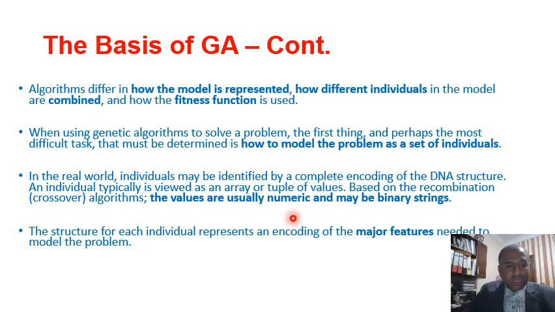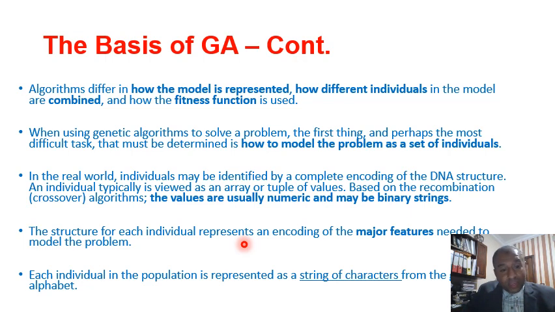We'll provide some examples. The structure of each individual represents encoding of traits or features of the problem solution. This means that each chromosome has some genes. These genes represent traits or features. So each solution has some features. This may be good or not good, not desirable, in terms of some fitness criteria or fitness function.